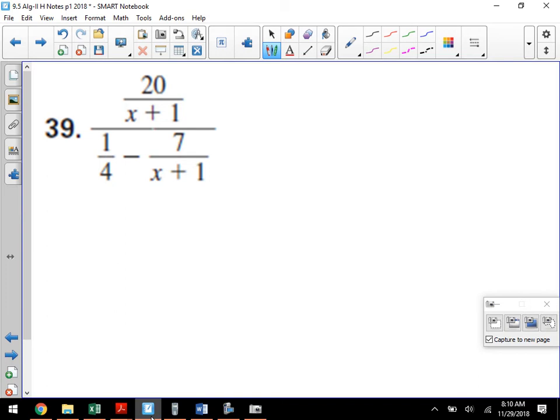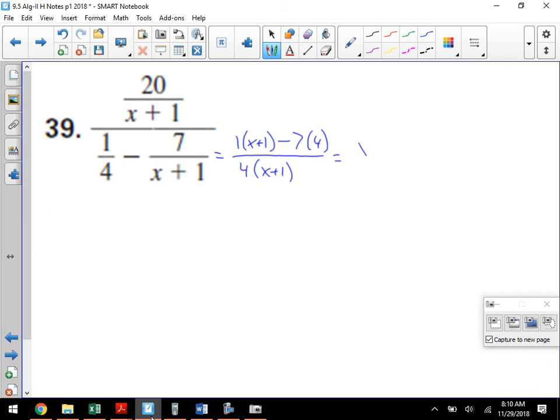This one you only have to worry about the lowest denominator, so one isn't so bad. Your common down here winds up being 4 and the x plus 1. Fraction on the left has the 4, it needs the x plus 1. Fraction on the right needs the 4.